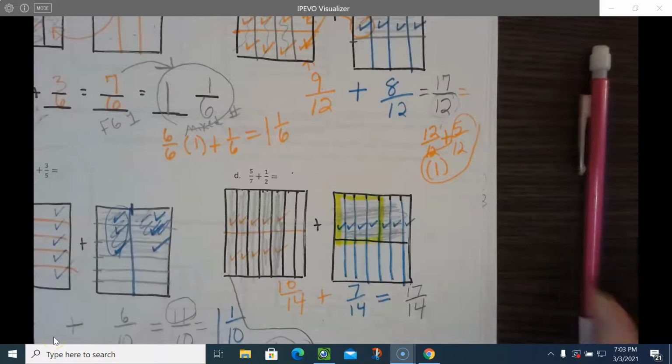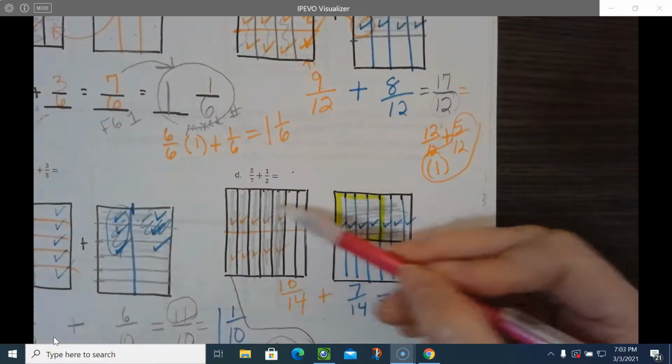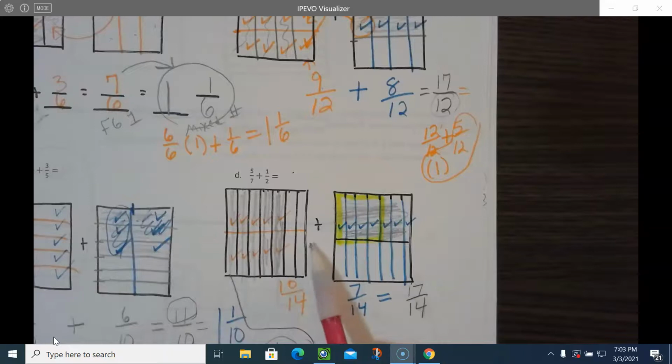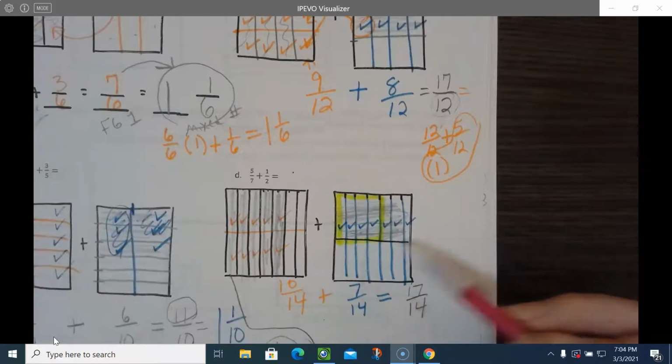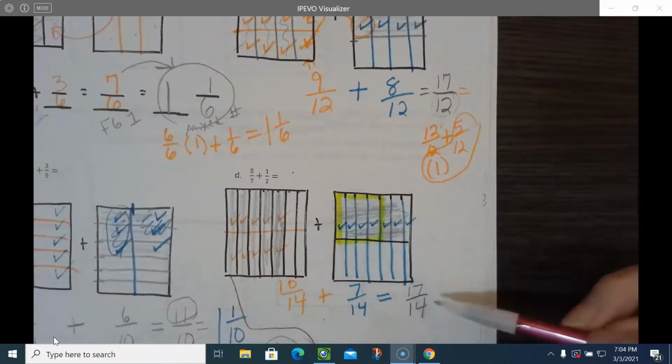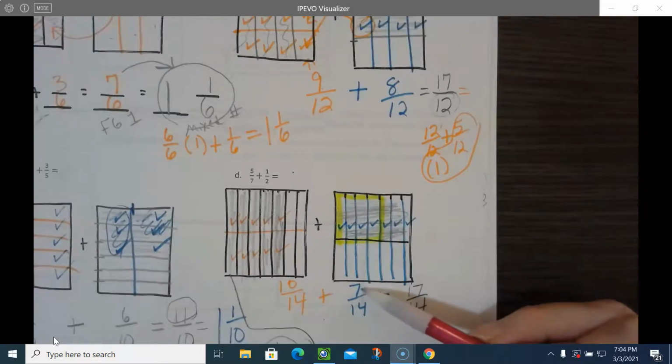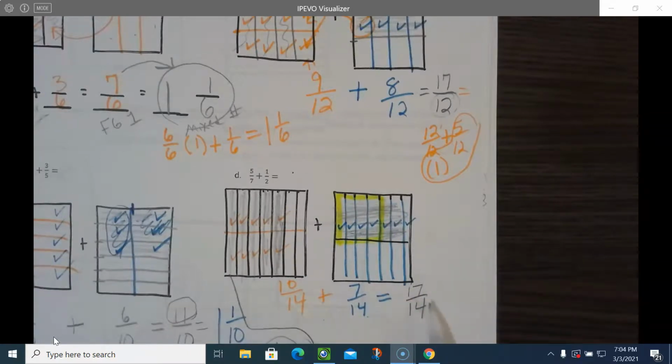All right, looking at letter D, when we shaded 5 out of 7 and then split it in half, our renamed fraction was 10 fourteenths. When we took the 1/2 and then split it into sevenths, our renamed fraction was 7 fourteenths. When we add it across, we should get 17 out of 14, so 17 fourteenths.